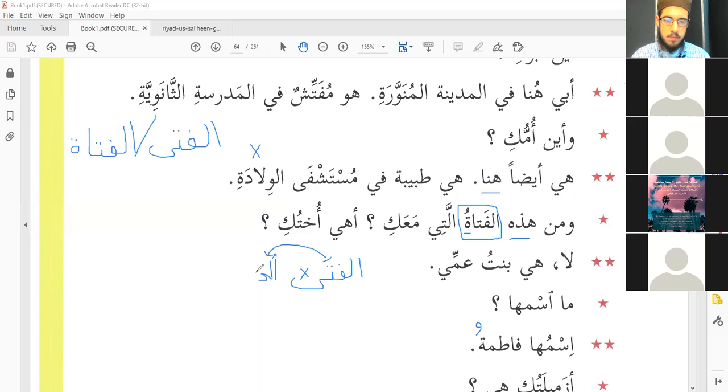Fatalladhi. However, here it's going to become apparent because we have a ta marbuta, so it's wa man hadhihi al-fatatu allati.